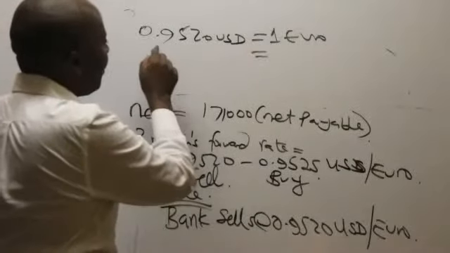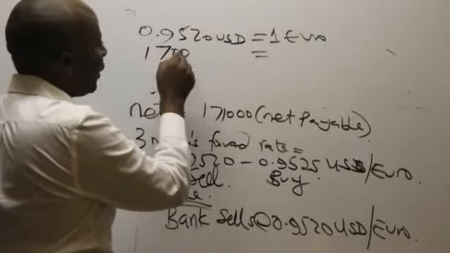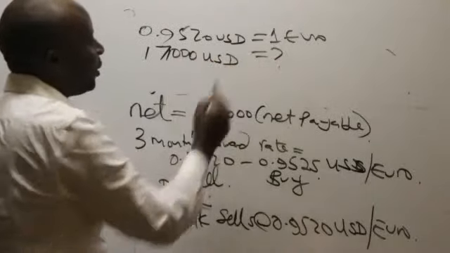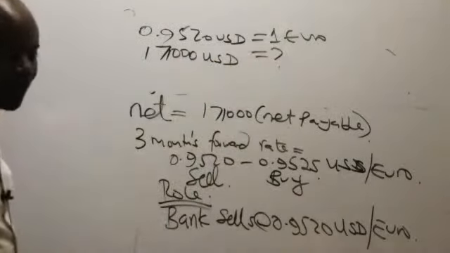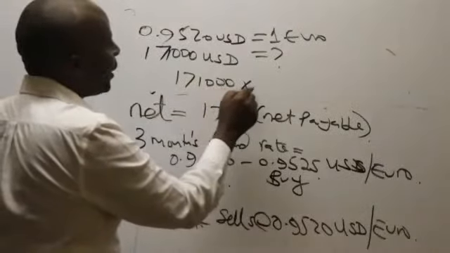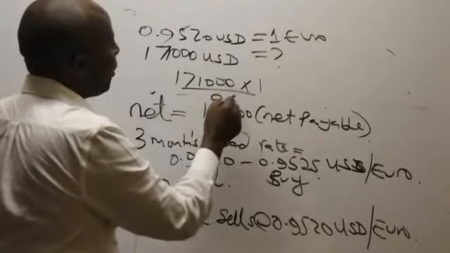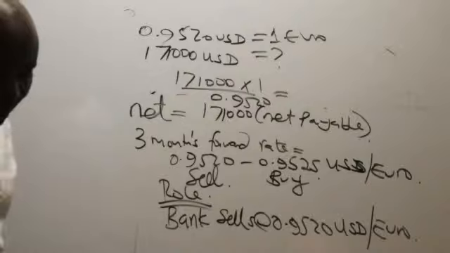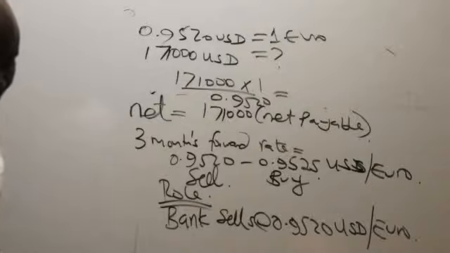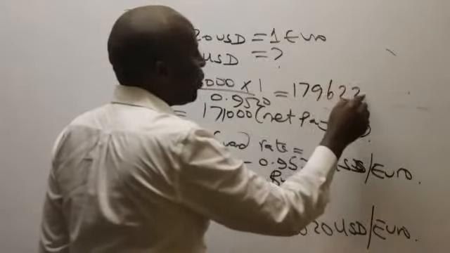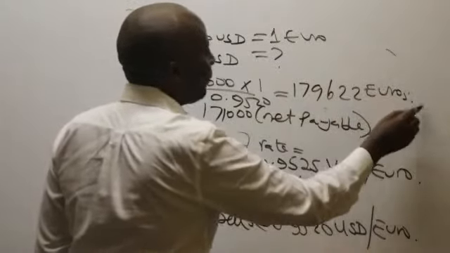Were they 171,000? So when you cross multiply, this will be 171,000 times 1 over 0.9520, which will end up giving us what figure? 179,621. 179,622 euros.